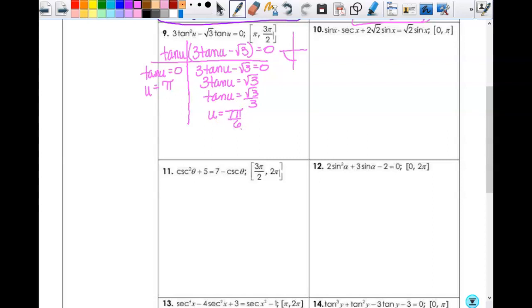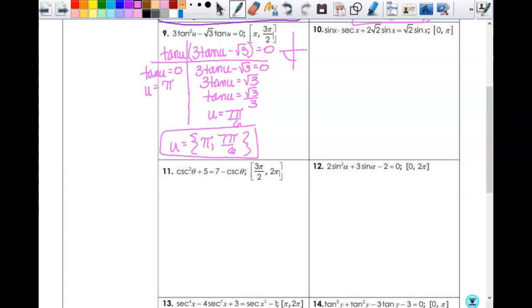So pi 6th angle, and then that third quadrant will give you 7 pi 6. And then that's it, right? So u is equal to pi and 7 pi 6. What questions do we have?